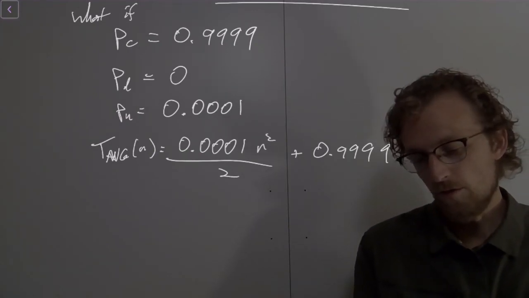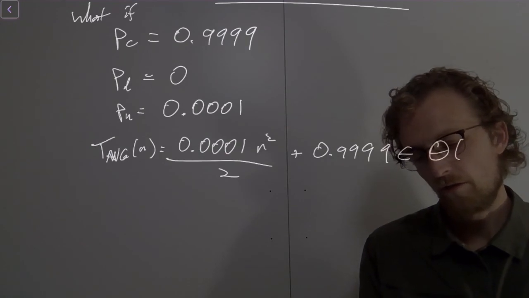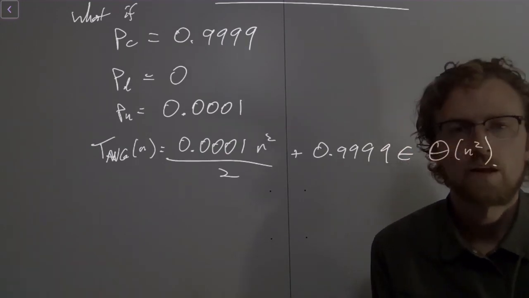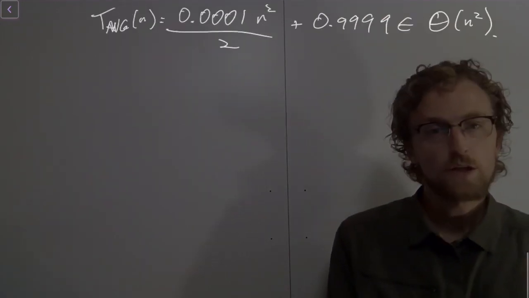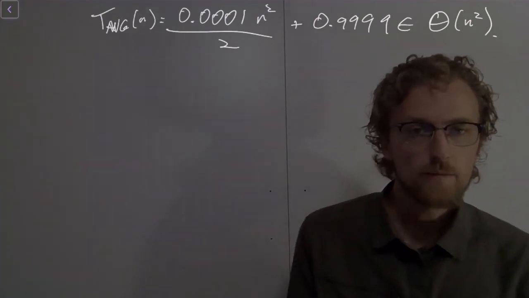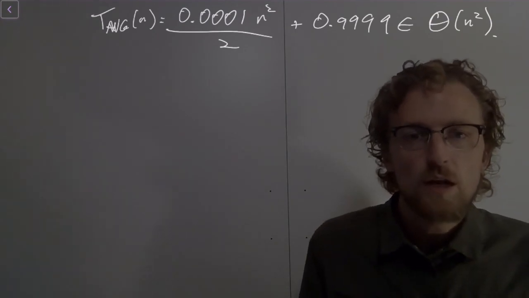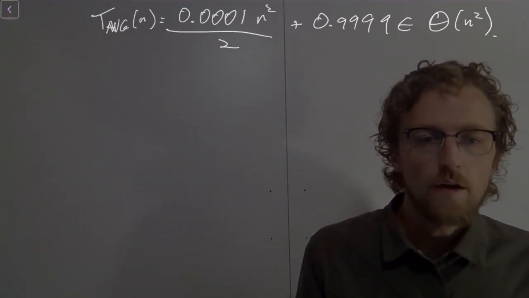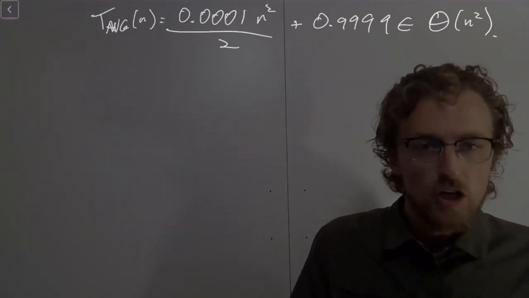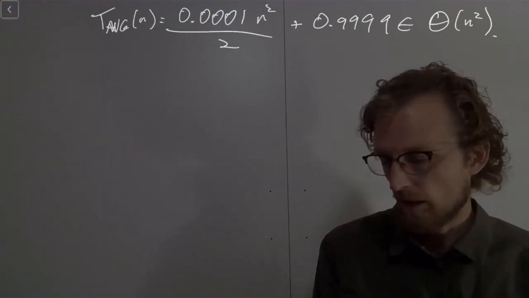But this is still big theta of n squared. So the reason I go through this example is that sometimes you can find that under reasonable assumptions, or at least assumptions that appear to be reasonable, the average case running time is just as bad as the worst case running time.